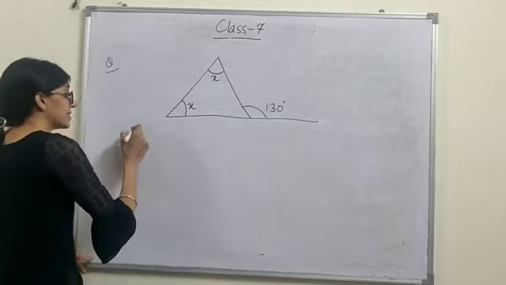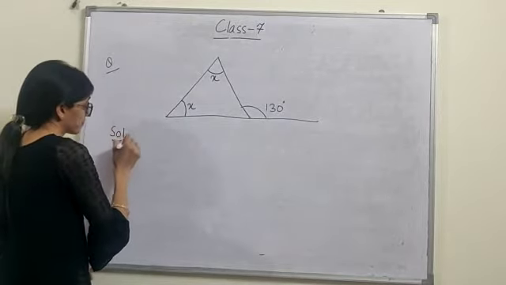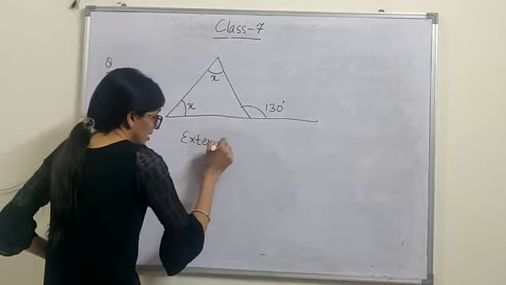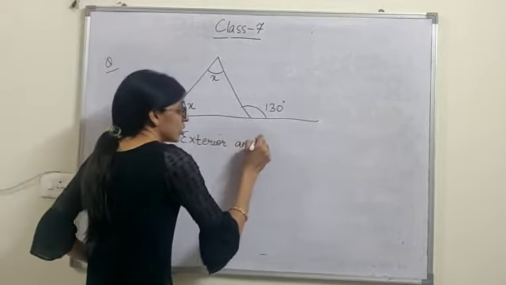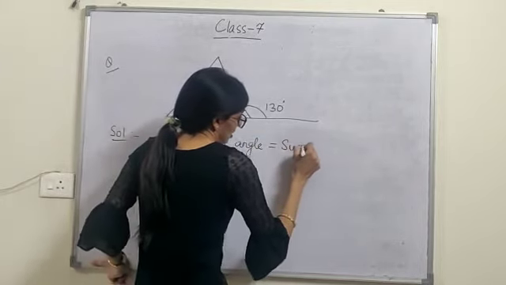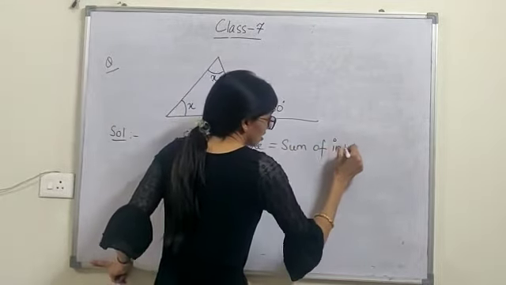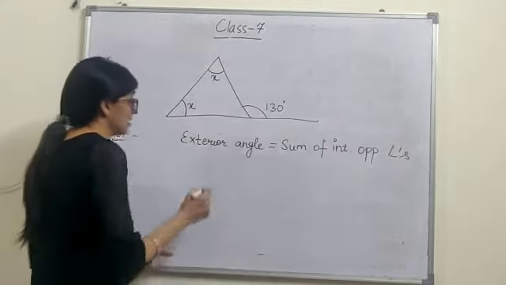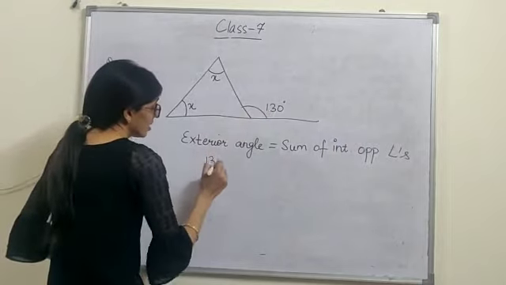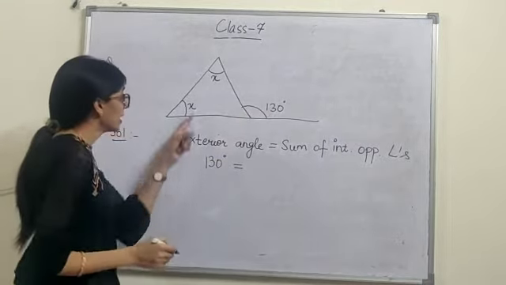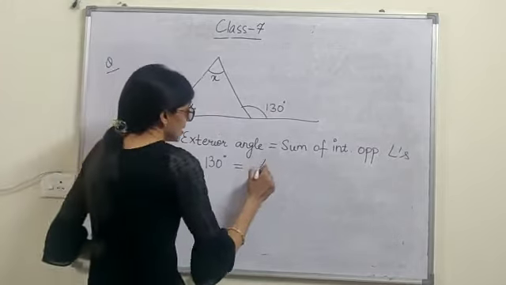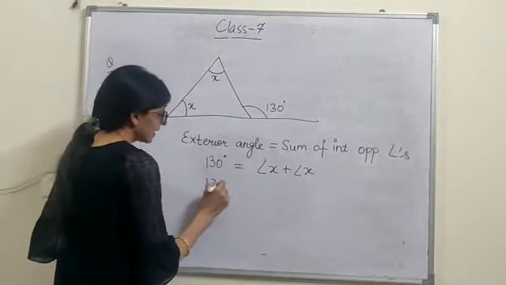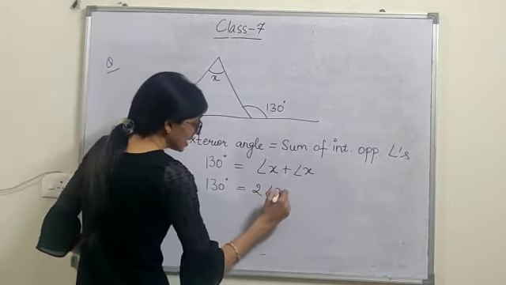We know from the exterior angle property that exterior angle is equal to the sum of interior opposite angles. So what is the exterior angle? 130 degrees. What are the interior opposite angles? Angle x plus angle x. 130 degrees equals twice of angle x.